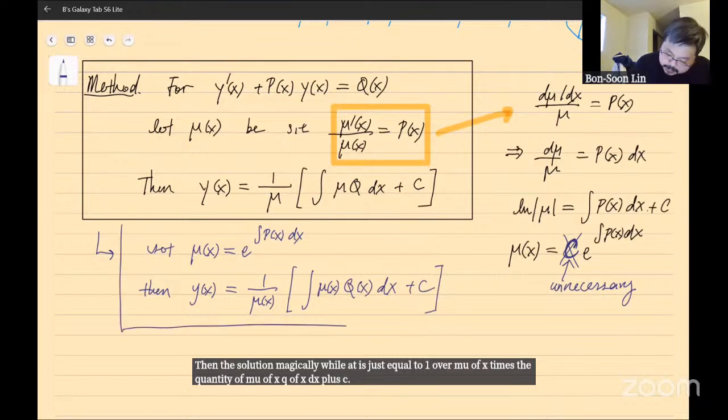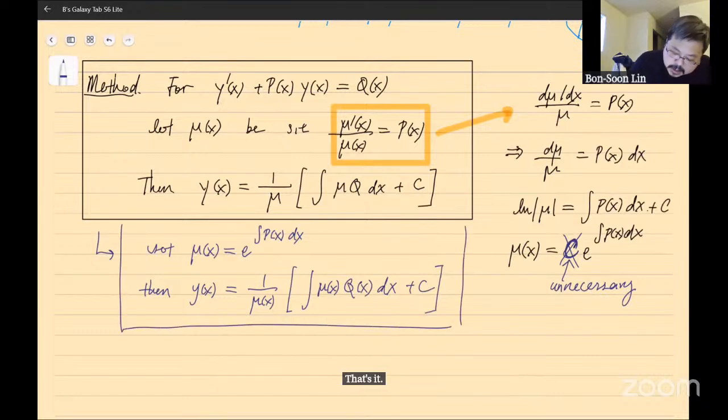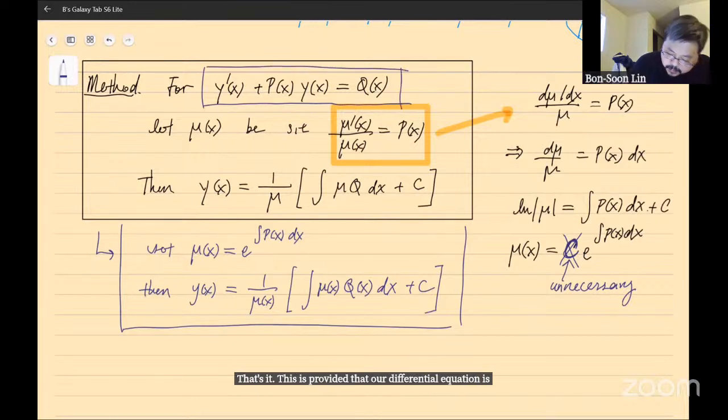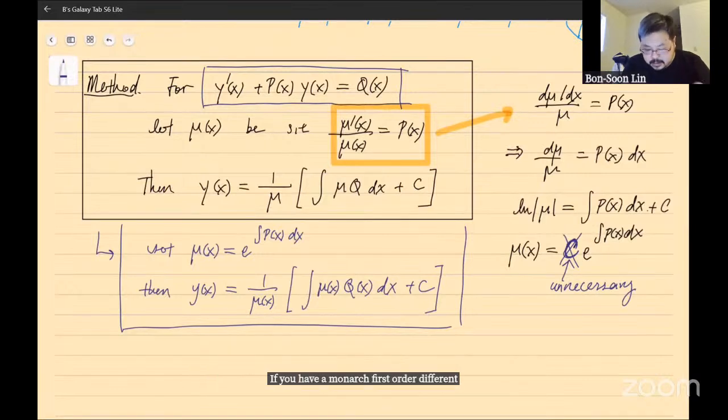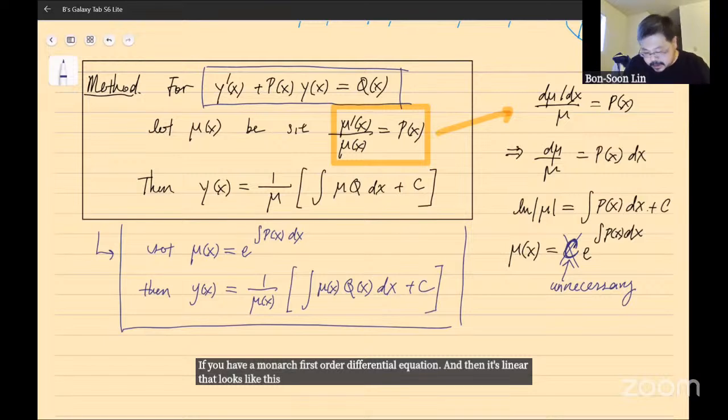That's it. This is provided that our differential equation is this monic first order form. If you have a monic first order linear differential equation that looks like this, then the solution is just given by this formula, if you will. Isn't that nice?